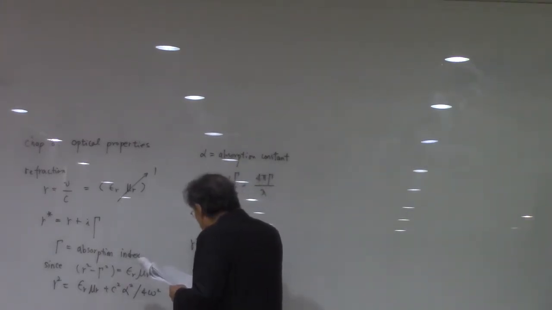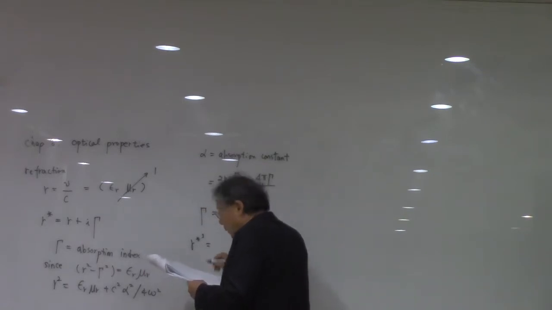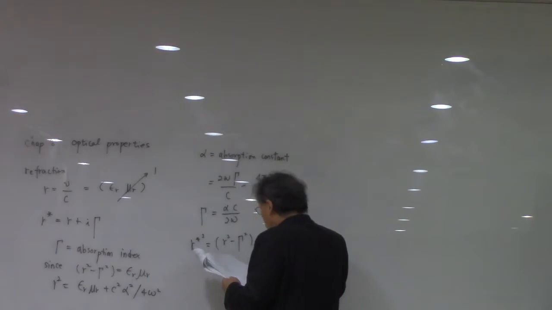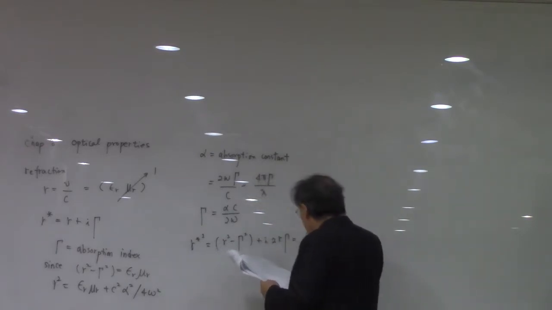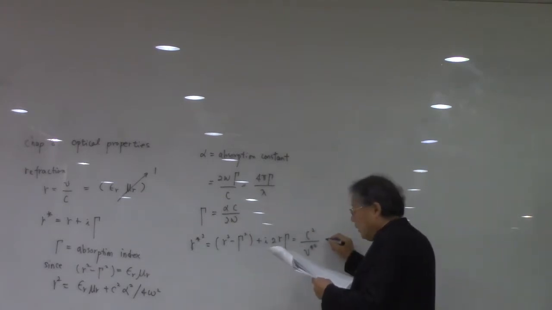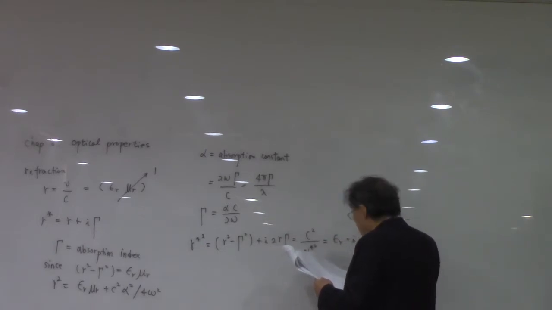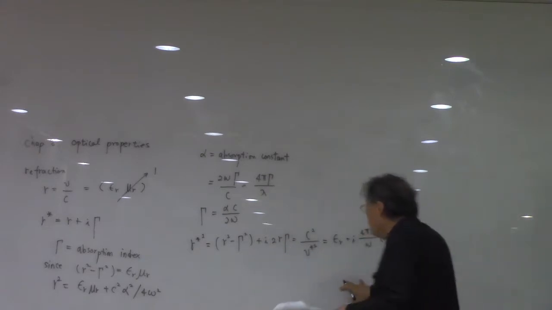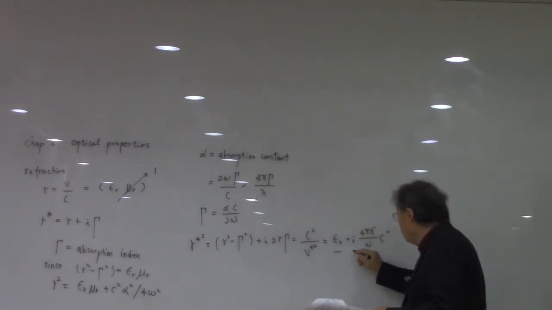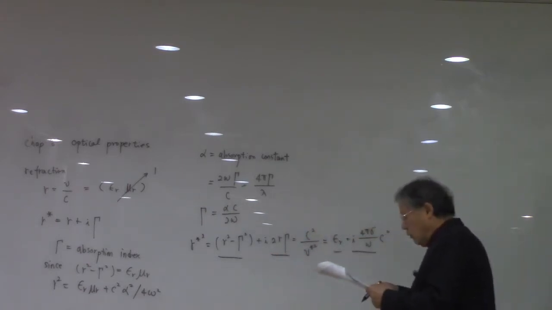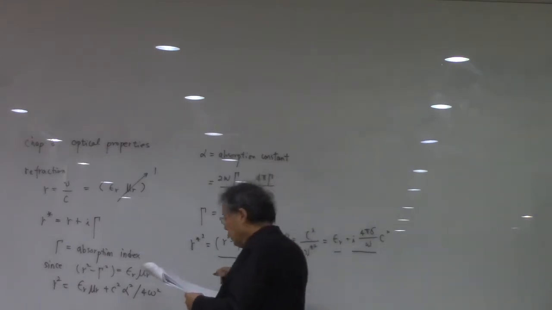And the complex index of absorption is going to be written as 2R gamma and c square over V, the complex velocity ratio, and then 4 pi sigma of omega c square. So the real values and the imaginary values have to independently be equal in this equation.